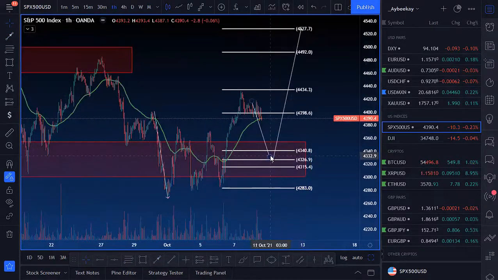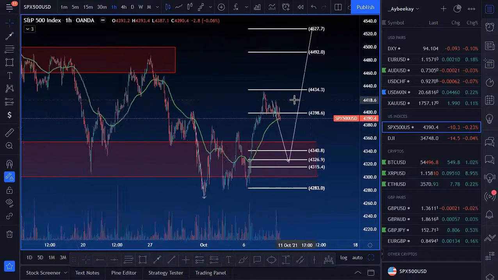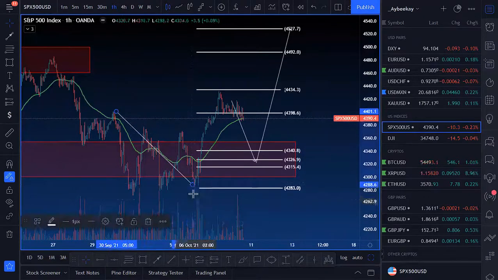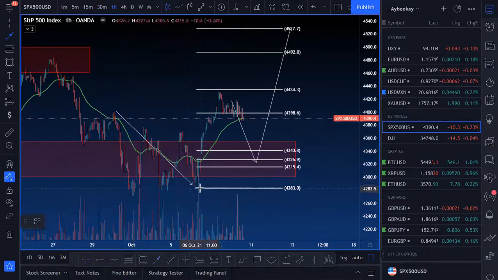That's what I would be looking for if I'm trying to get back into a buy on the S&Ps and the US 30. Something like this would have to be the play. And it's kind of like, oh, I think I got the stop-out type of vibe. Well, not really. It didn't stop. Let me not play myself.